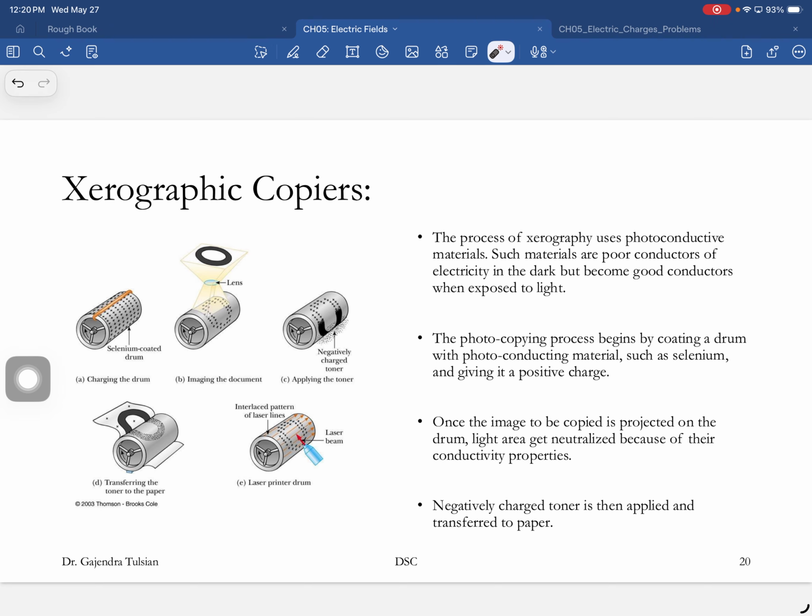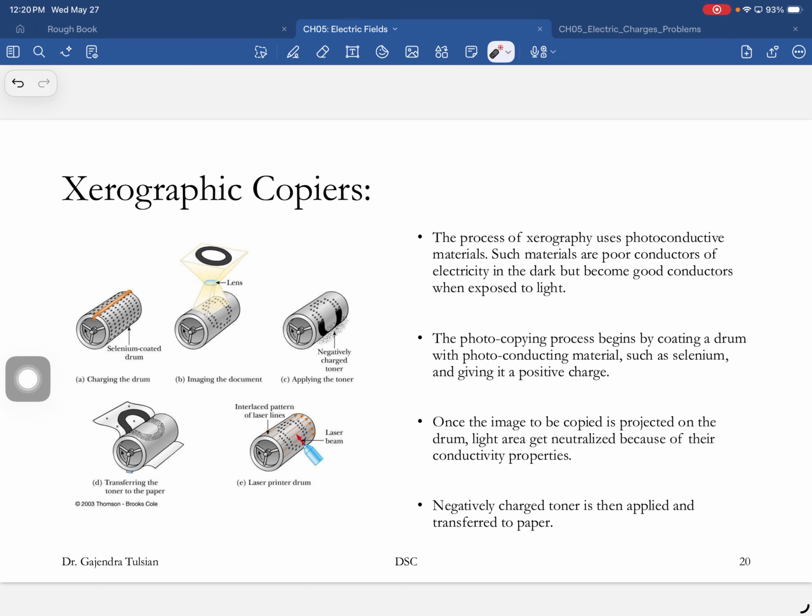If you shine light on them, they become conducting. So what was the difference between an insulator and a conductor? Free charges. So what is happening? You shine light on them, light excites charges, and free charges are becoming available.